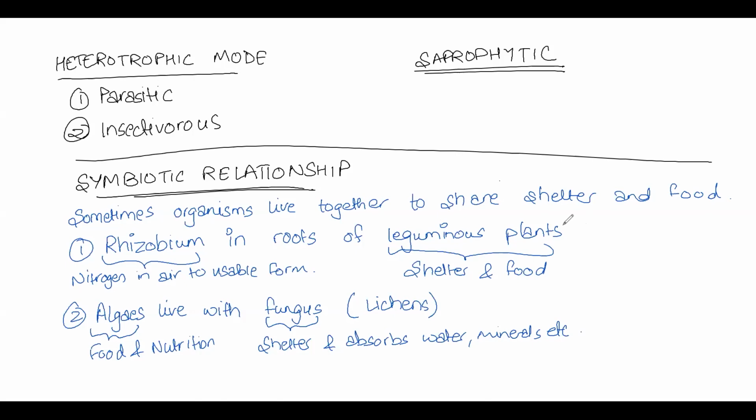We know that the soil needs nutrients, as the soil needs nitrogen for the plants to grow. And this relationship is also an example of symbiotic relationship.